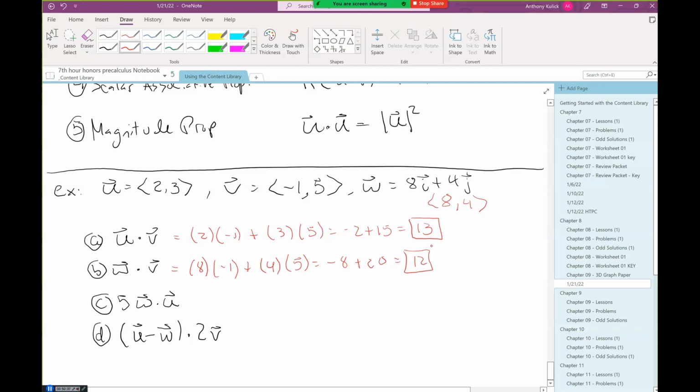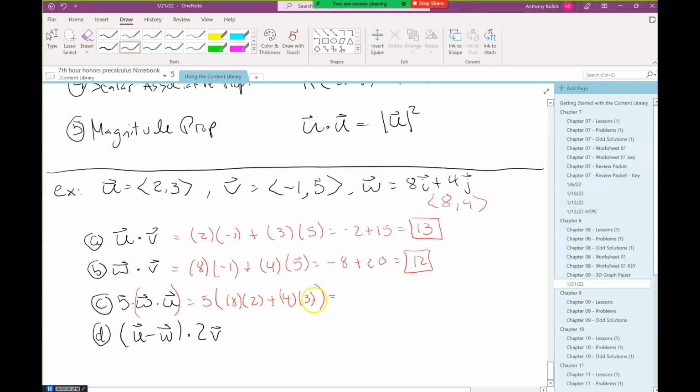For C, I have 5 times the dot product of W and U. The way I'm going to do it is I'm going to do this as my scalar multiplication choice. So I'm going to do 5 times the dot product. So I have w1 times u1 plus w2 times u2.